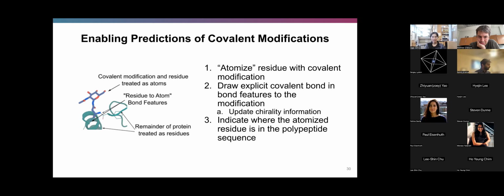I didn't prepare a slide on this one, but one is there's an additional bond feature that indicates backbone bonds. And the second is the positional encoding gets both residue and bond symmetry breaking information, so that now the network knows where in the polypeptide sequence that residue is.